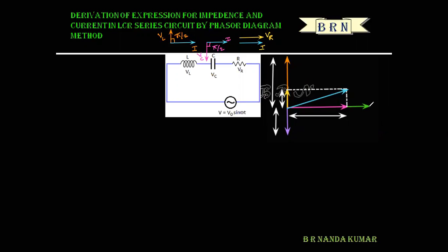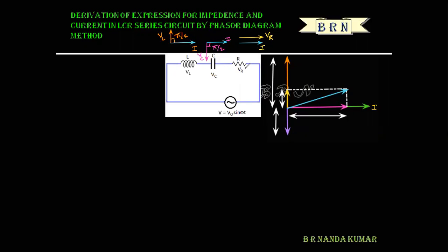So this is the rotational vector of current, this is I. The potential difference across R is VR, and it is in phase with the current.